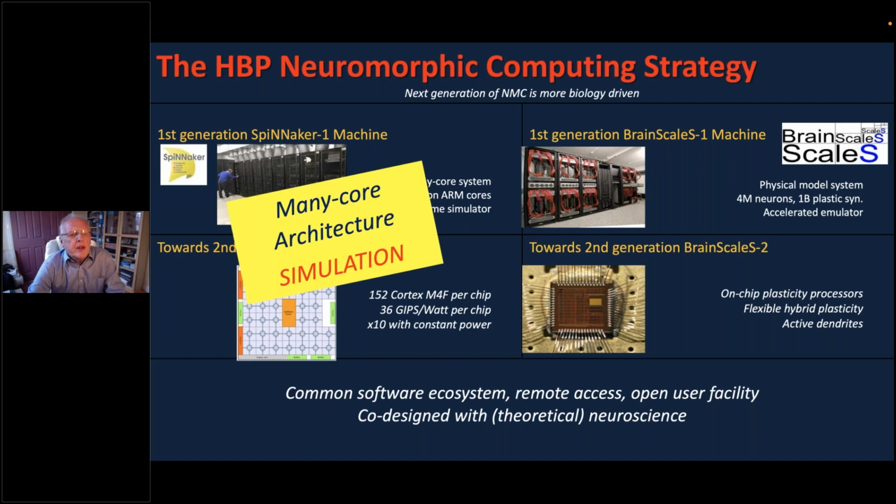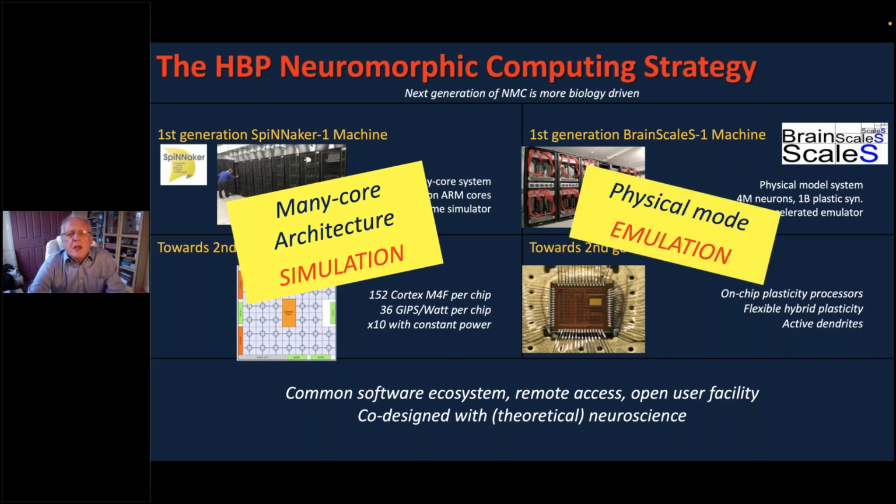So two very different approaches. The many core architecture supporting massively parallel simulation of brain systems, and the wafer scale analog circuits operating in a physical mode and emulating the way the brain operates more closely rather than simulating it.